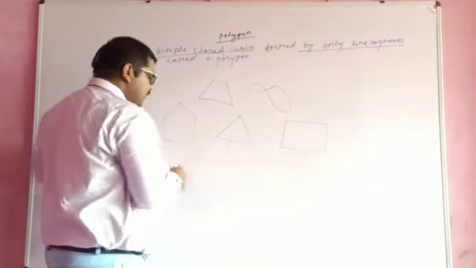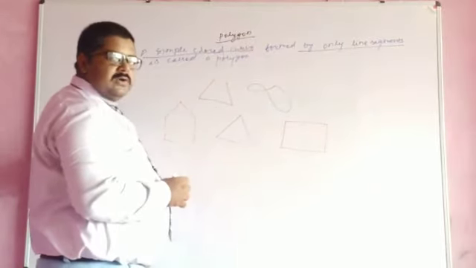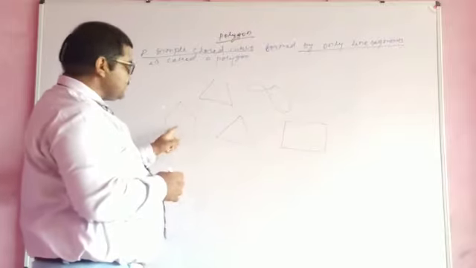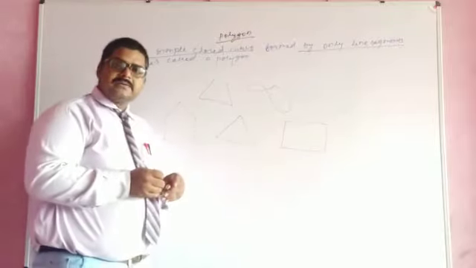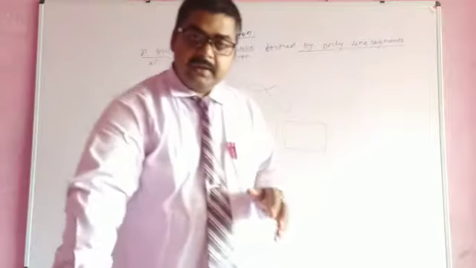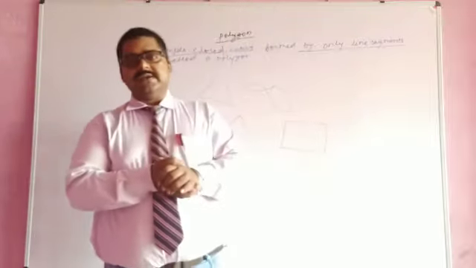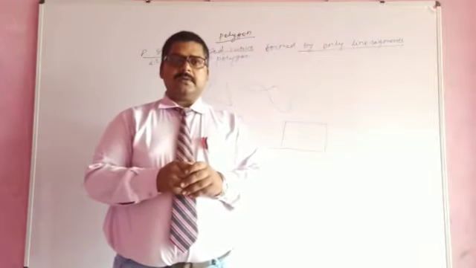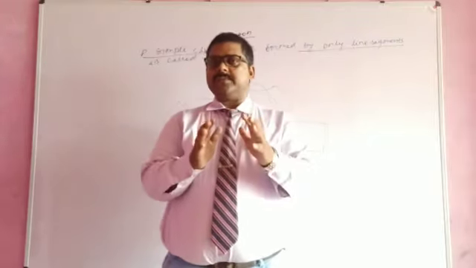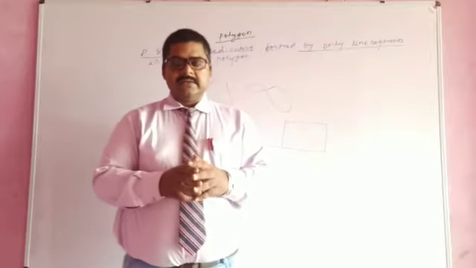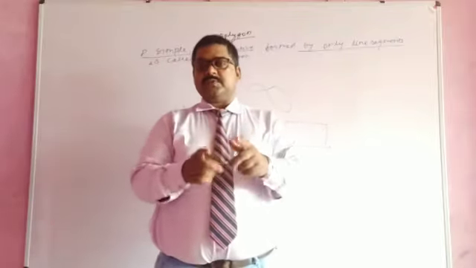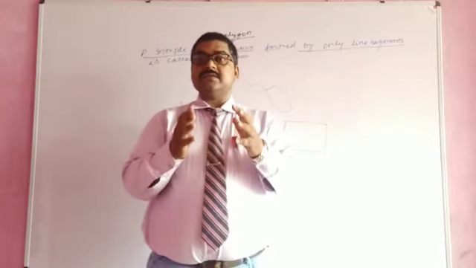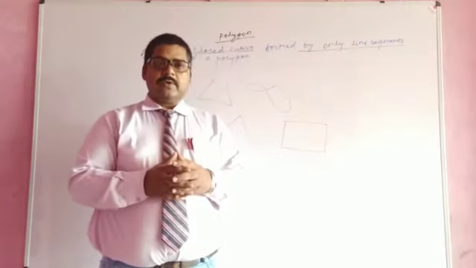This figure is also a polygon because it is a simple closed curve made up of line segments only. Such figures have two conditions. At first you have to check that it is a simple closed curve, and second, that it is made up of only line segments. If any figure satisfies these two conditions, it must be a polygon, and it is very important to learn about polygons.